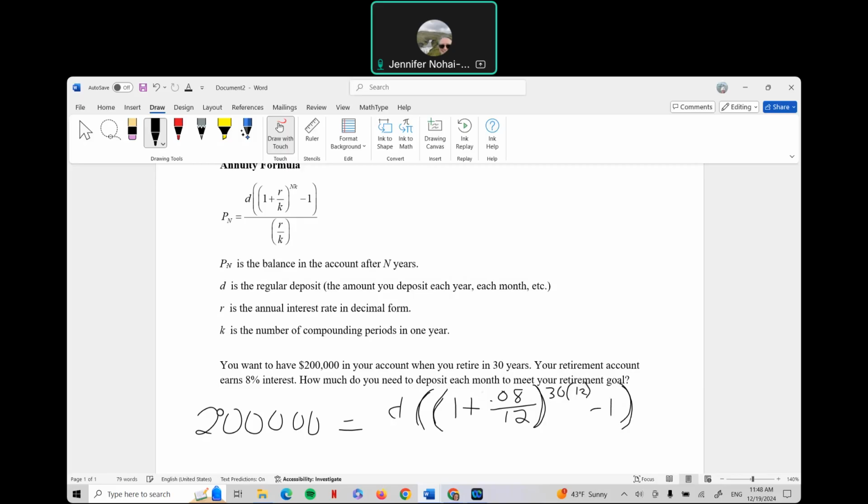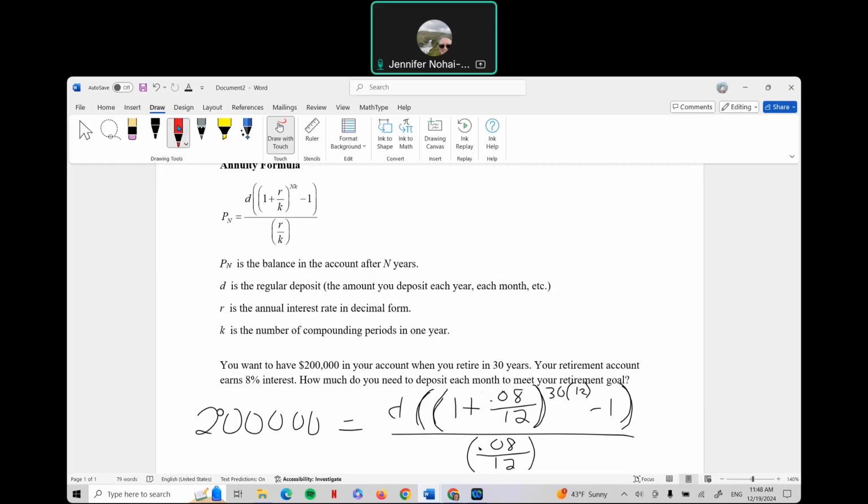So 2 sets. We're going to divide that by our rate again, the 0.08, and have that divided by our compound number, which is 12 compounds a year, and we can also put that in a set of parentheses. So a lot of parentheses here, but that makes it easier for Desmos to help us solve and easier for us to graph on Desmos.